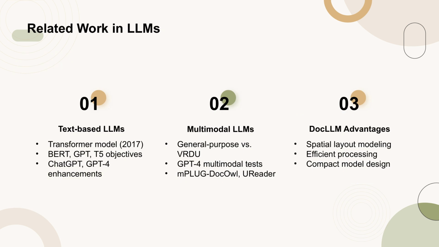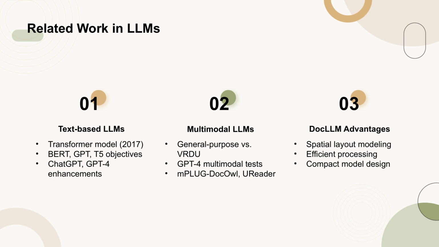The remarkable success of ChatGPT has spurred significant research interest in large language models, LLMs. Text-based LLMs, such as BERT, GPT, and T5, were foundational, with ChatGPT and GPT-4 representing significant advancements in model size and data.